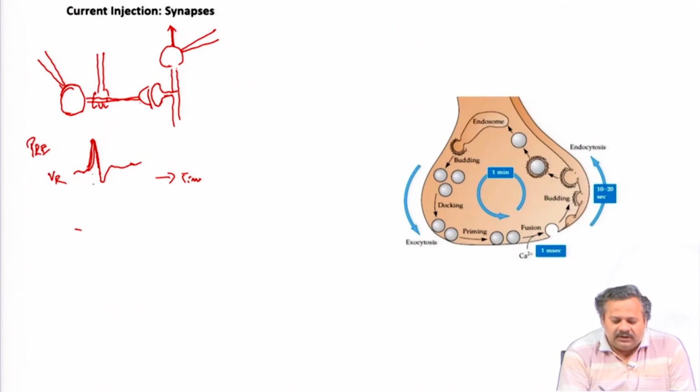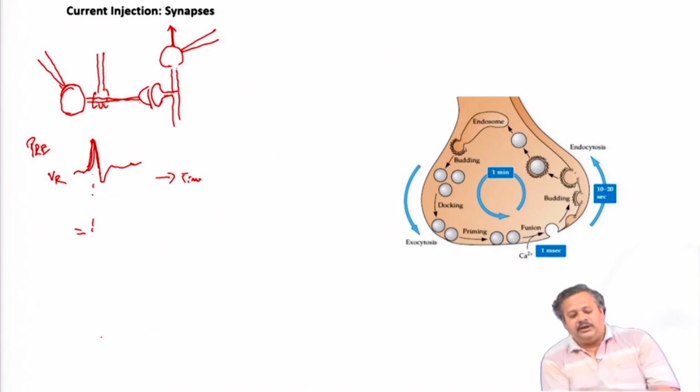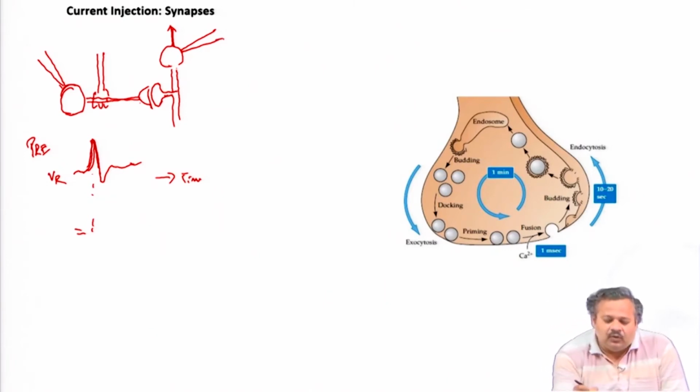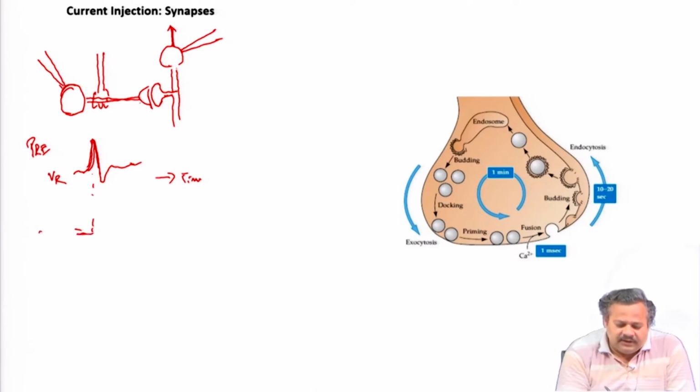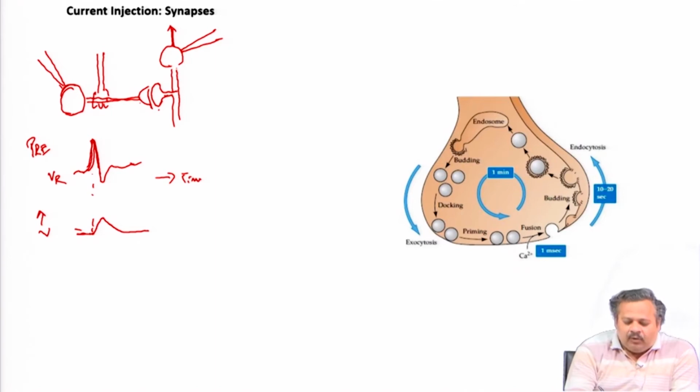And based on this action potential, if we are measuring the voltage on the postsynaptic side through a current clamp, then what we will see is, if this is the voltage, then at a different scale is a change in potential like this. If this is an excitatory synapse, then we have a depolarization.